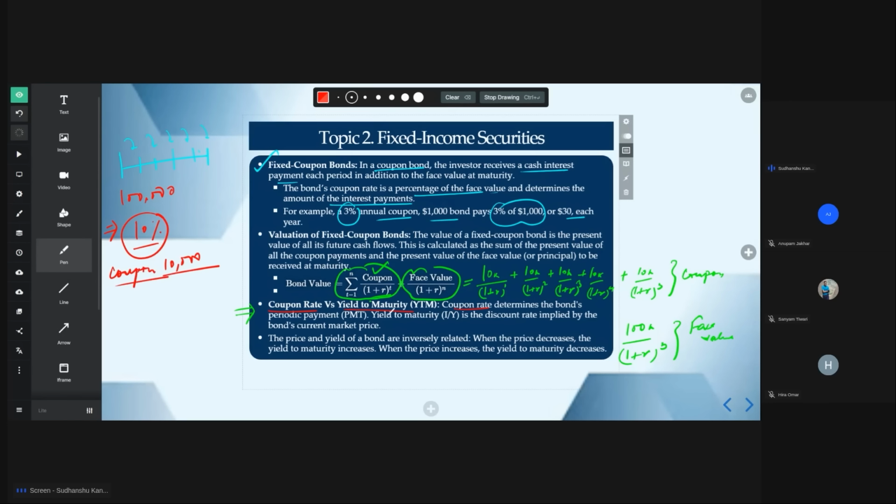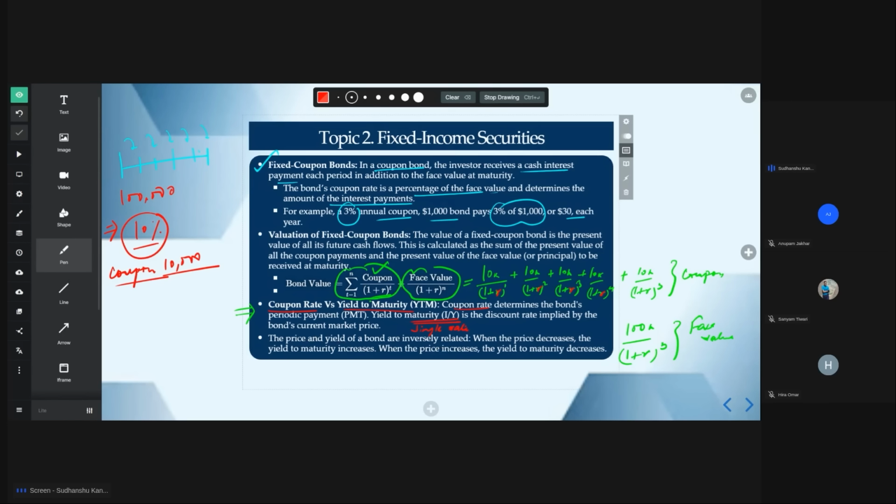Whereas your yield to maturity, I told you, is a hypothetical rate which, when put in the denominator, this R, is your yield to maturity. One single rate by which you divide, and you are able to get your present value of cash flow equal to the market value.